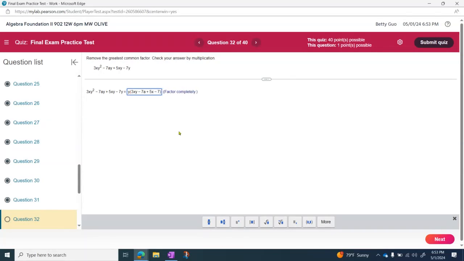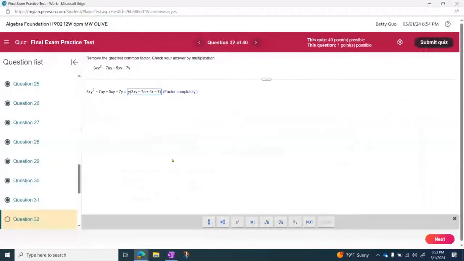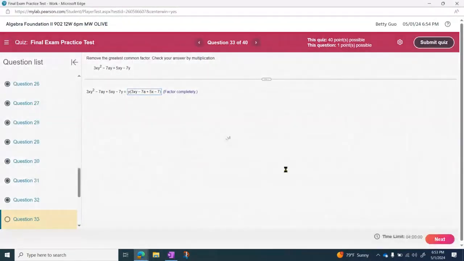Close the parentheses and double check. Y is out, 3xy minus 7a plus 5y minus 7. Okay, that's correct. Next.